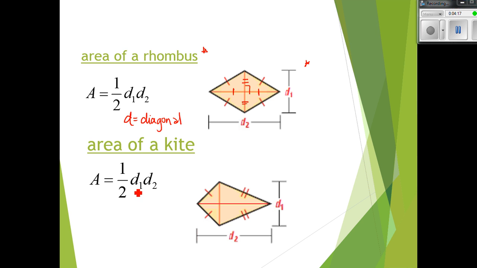So it's 1/2 diagonal 1 times diagonal 2. We know that this is a kite because it's got two pairs of congruent adjacent sides. Okay, and then again, D stands for diagonal, and it doesn't matter which one you put as diagonal 1 or diagonal 2. All right, so let's go ahead and use these two formulas and practice them.